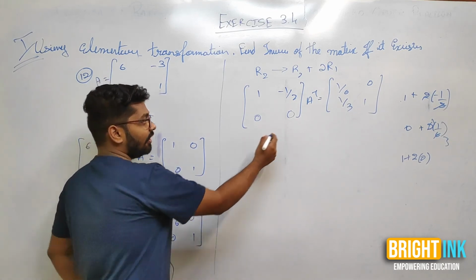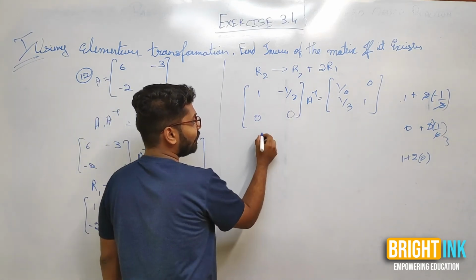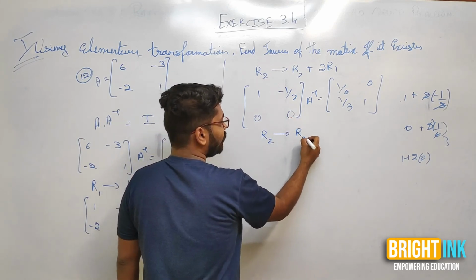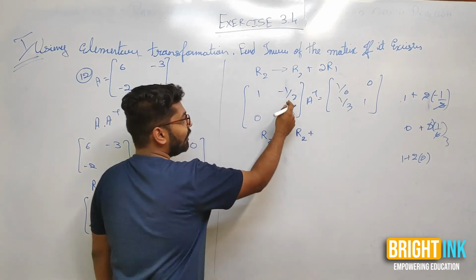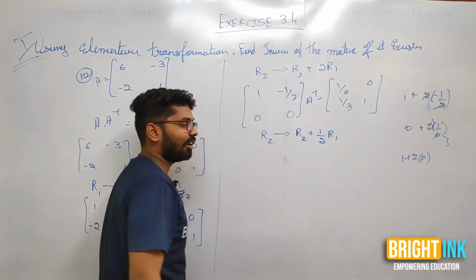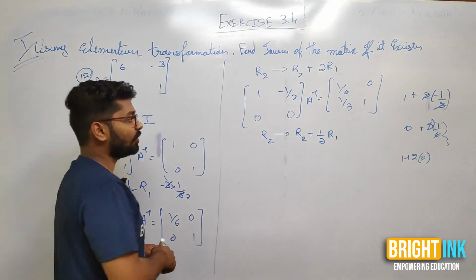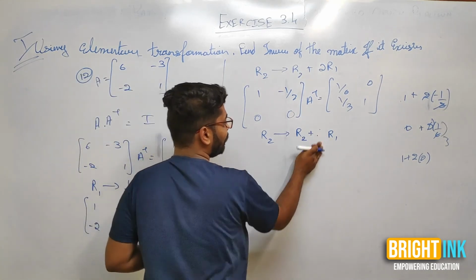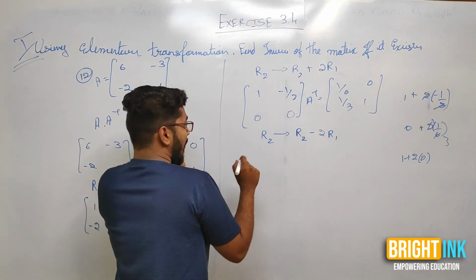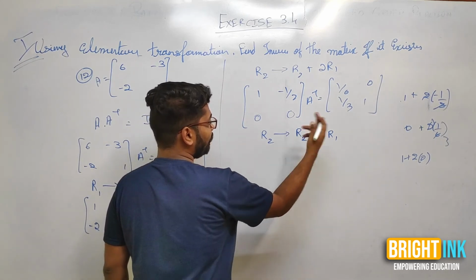If you see here, if I want to bring 1 here, what do I have to do? R2 changes to R2 plus 1 by 2 R1 would have to be applied. So 1 by 2 into 1 by 2 will be 1 by 4, and this will be minus, R2 is 0 minus of minus 1.